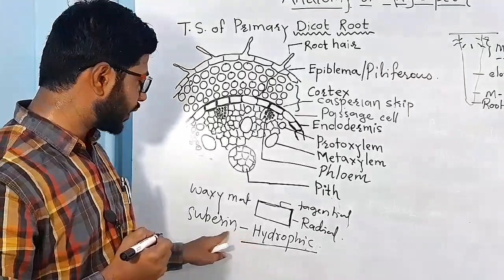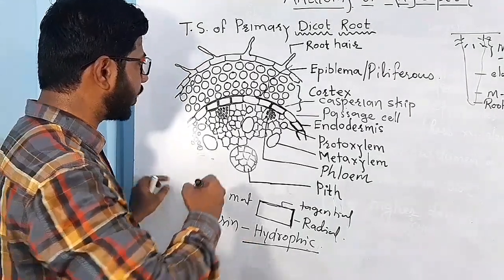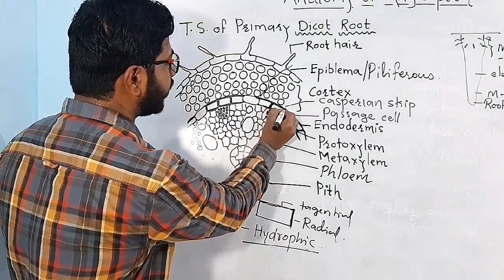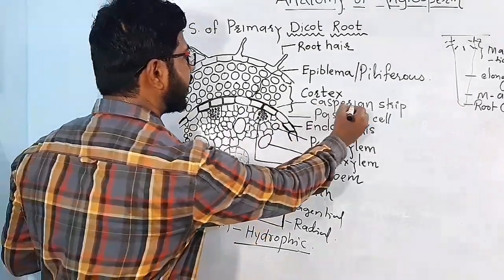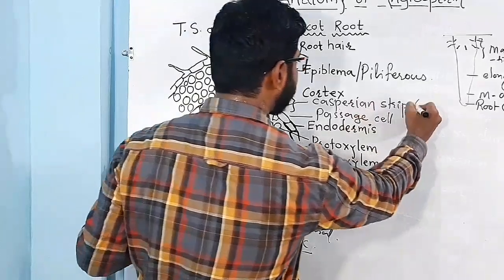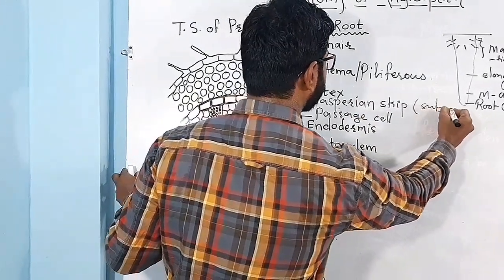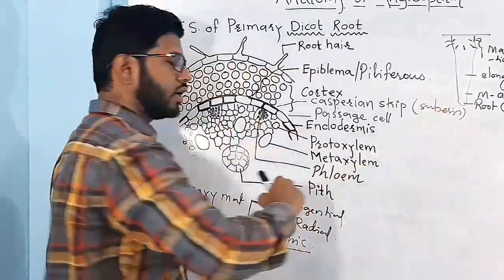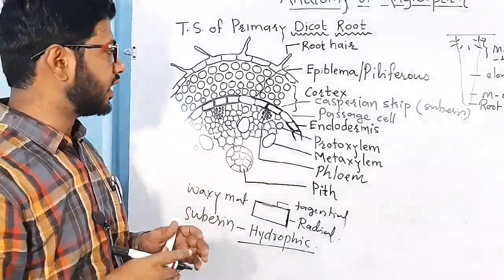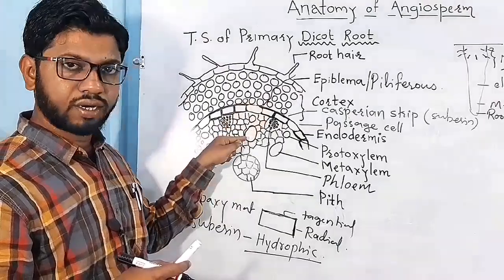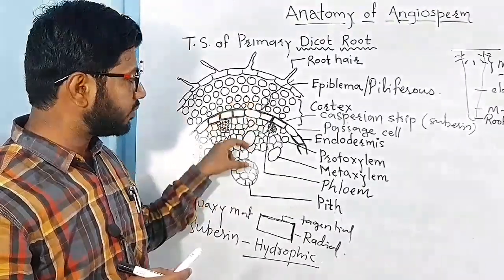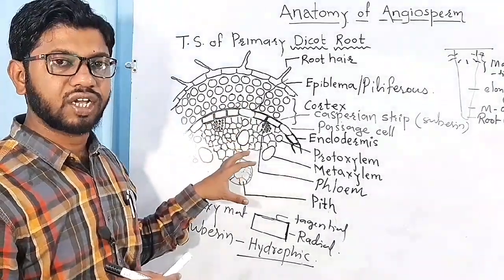So this Casparian strip is made up of suberin. Deposition of suberin on the endodermal cell is known as Casparian strip. So Casparian strip is made up of suberin deposited on the endodermal cell. This suberin does not allow water to enter from endodermis into the stele region.